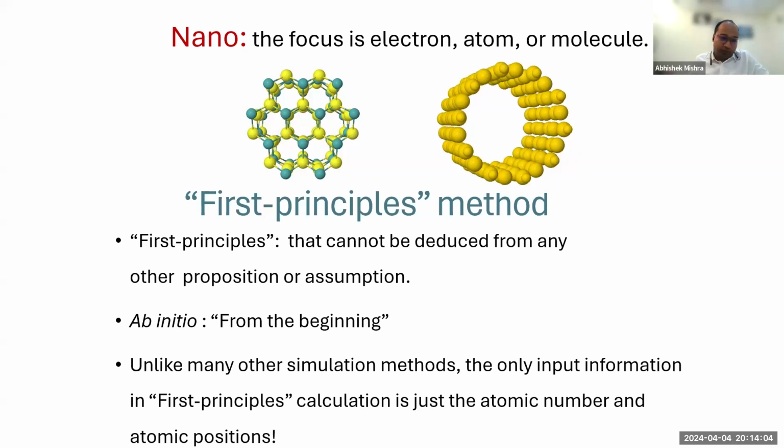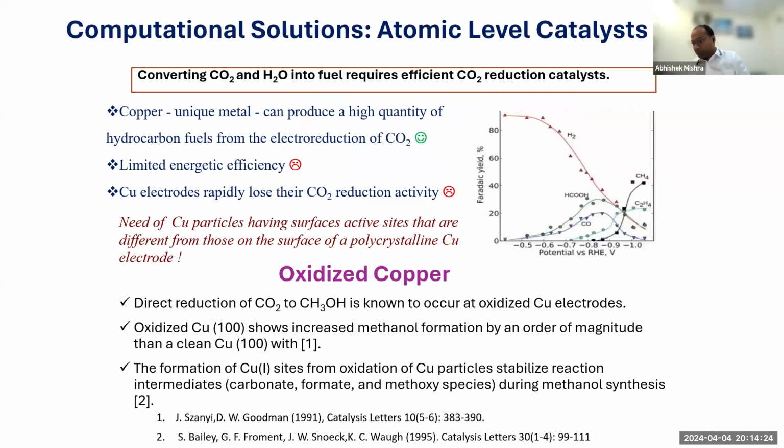We do not need any kind of experimental inputs to start our calculations, just basic information regarding our system: on which system you're going to work, atomic numbers and atomic positions to start our calculations. So I'm not going into the detail of formalism at the moment, and this talk, as I said, will be focused on showing you some case studies where first principle methods have shown really nice results and insights.